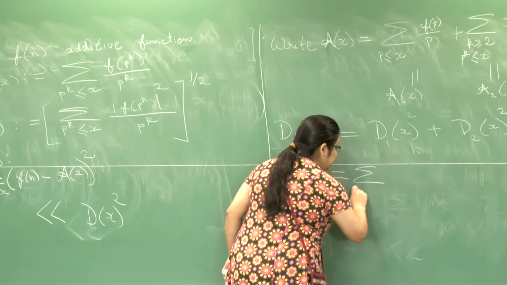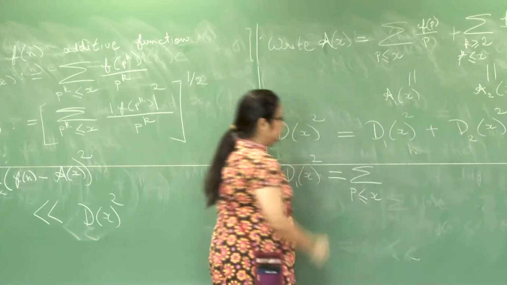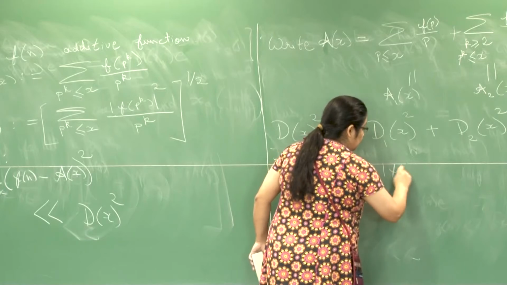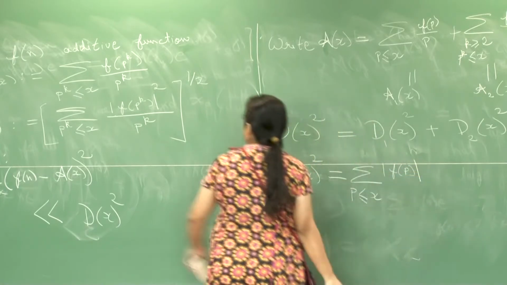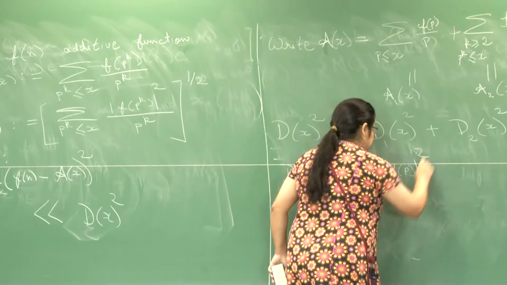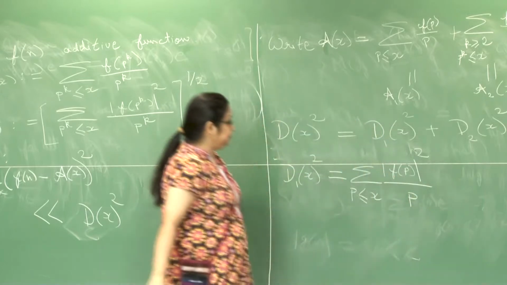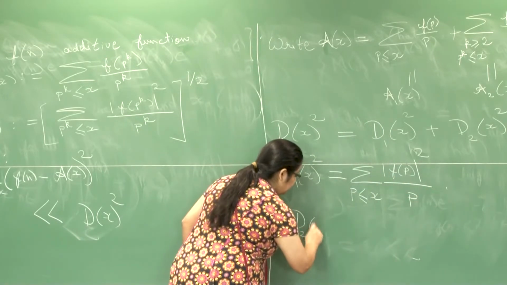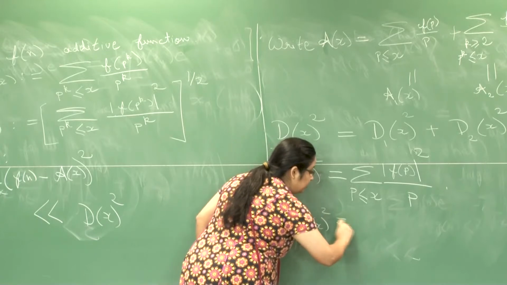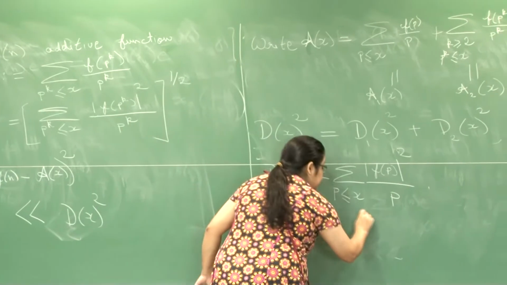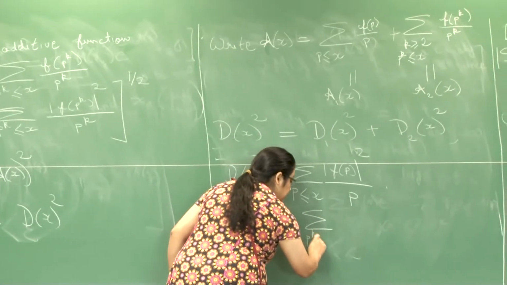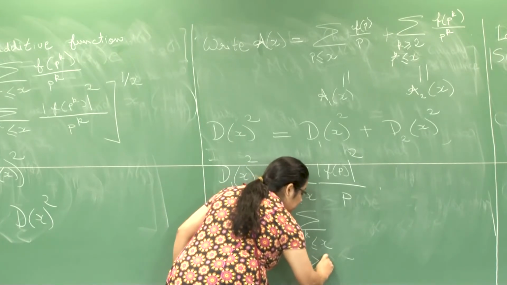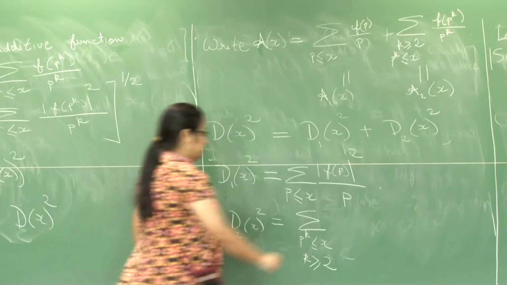So, the sum over p less than or equal to x of absolute f of p whole square over p, and d2 of x whole square is all those proper prime powers up to x.